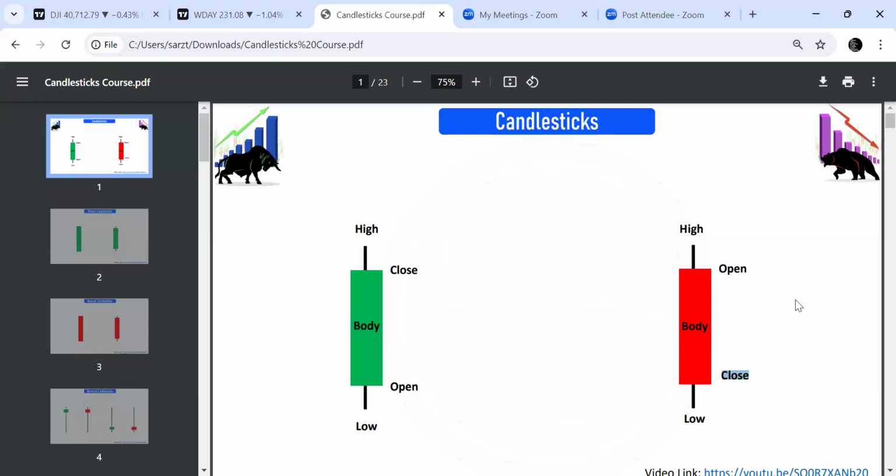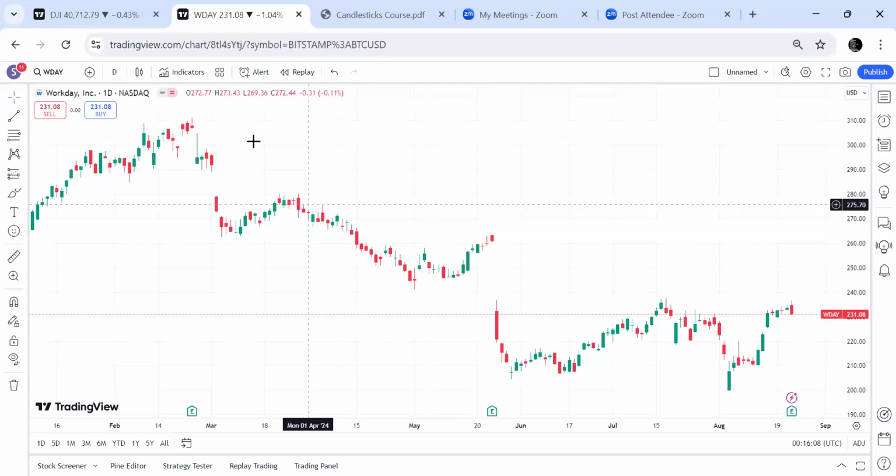To be frank, it's difficult to remember candlesticks by name, because in the real market we can't think, what is the name of this candle, what is the name of this candle. We can't think like that.